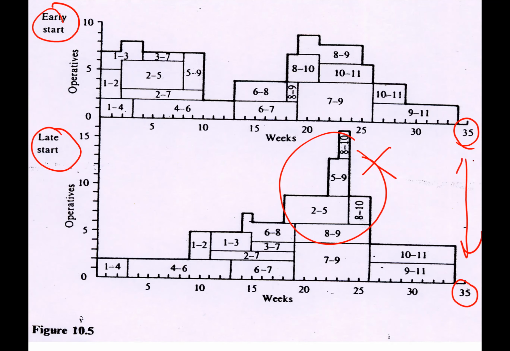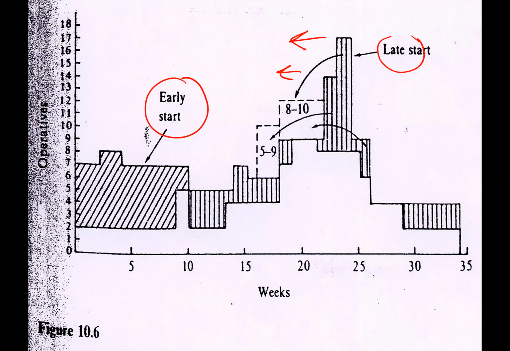The deadline is always the same. What we basically did is choose certain activities to start as early as possible, certain activities to start as late as possible, and the rest could start in between. Then only can we have a very nice resource utilization.